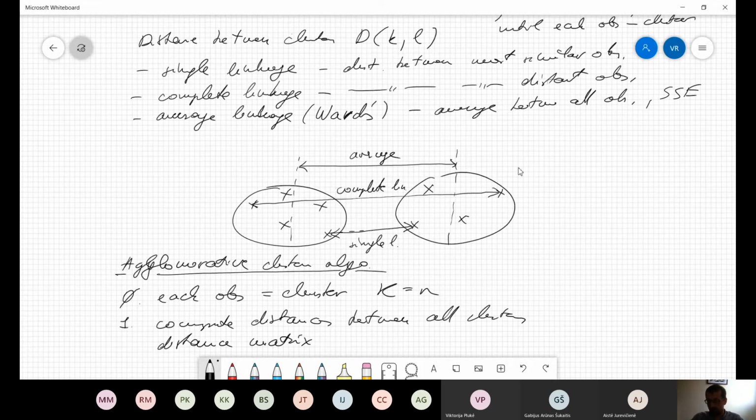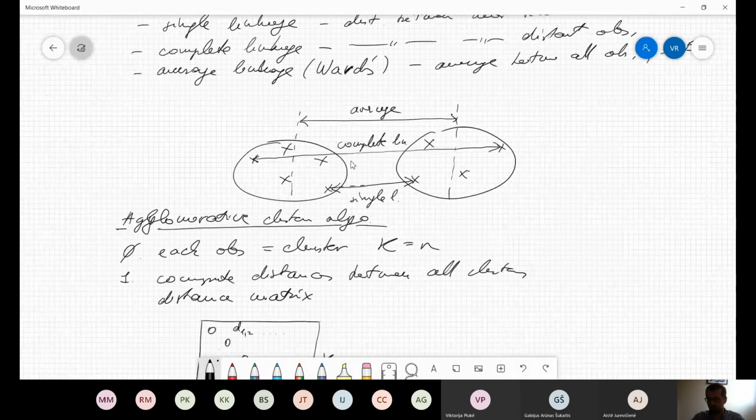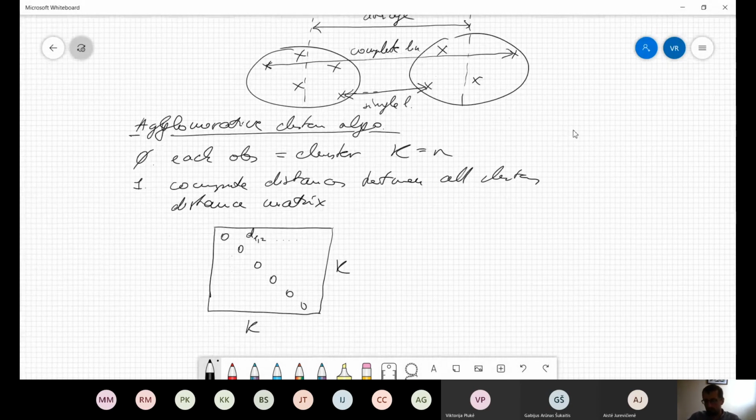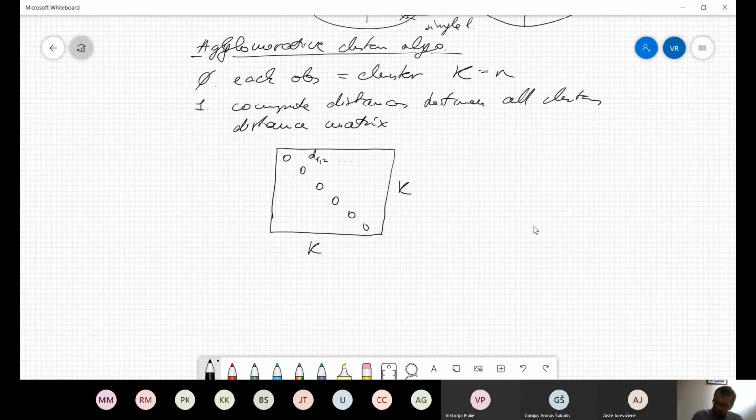For the others, it just doesn't matter. You can use any distance that was presented in this lecture. Okay, so basically you have a matrix where distances between the clusters are expressed like that.